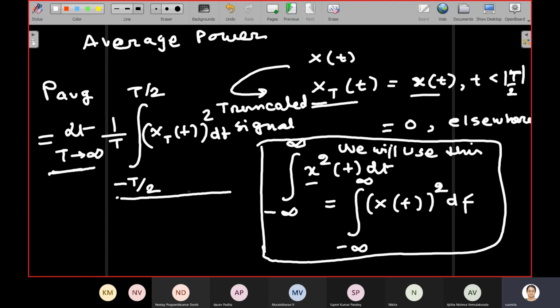Now, if you look at the integration carefully, you will see that although the lower and upper limits are minus T by 2 to plus T by 2, we can conveniently put infinity for the truncated signal because it is 0 outside this interval. Right? So let's do that.